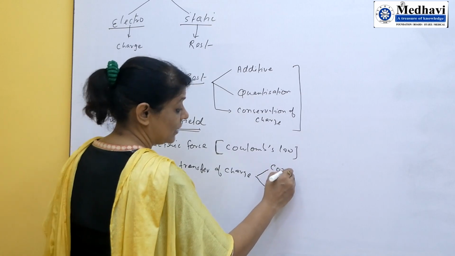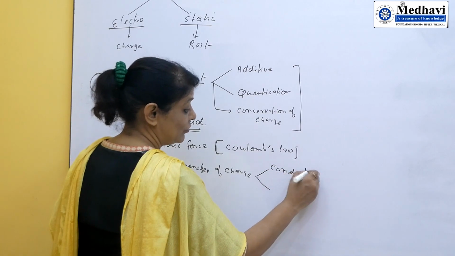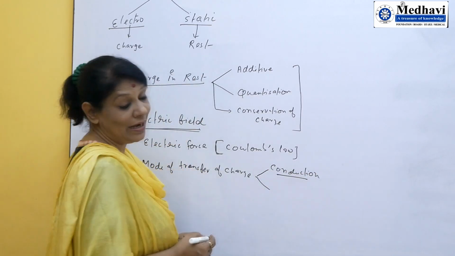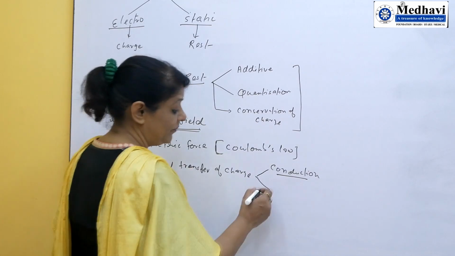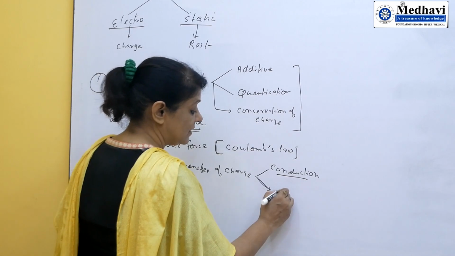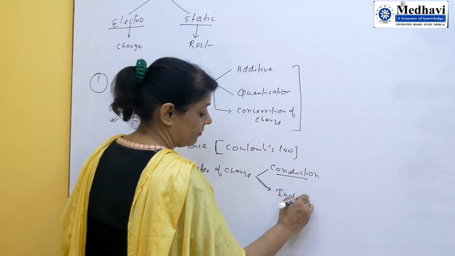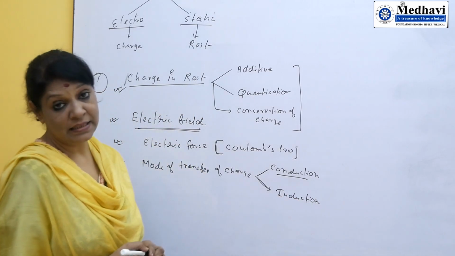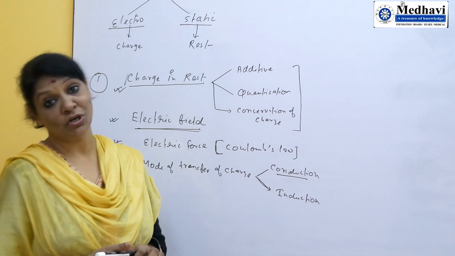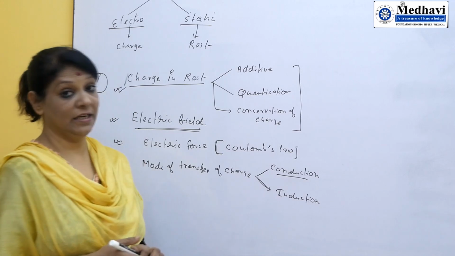First is conduction, that is due to touch. Similar nature of charges are produced in that body and it can be transferred. And second is induction. That is when the two bodies are kept at a far distance, then one body induces charge on another body. We will go in detail.